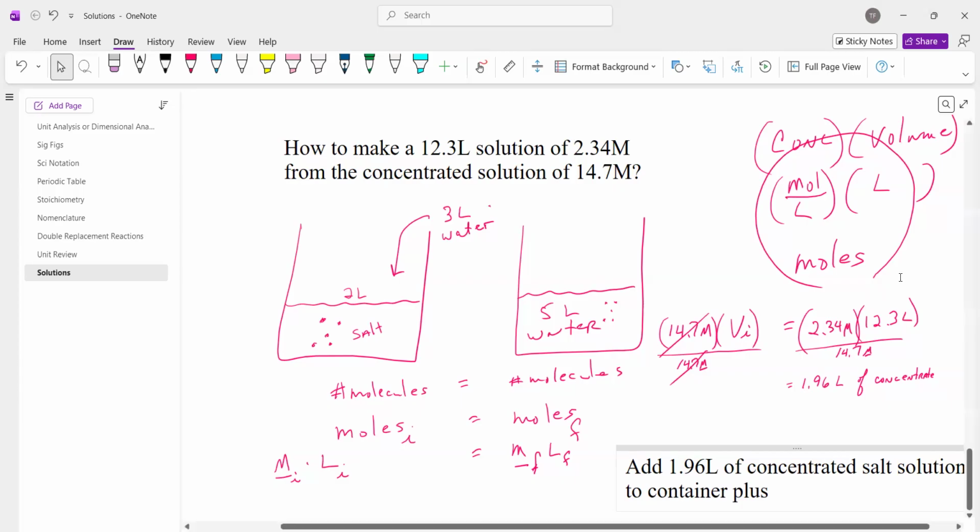Exactly. We subtract. We've already added 1.96, so we take that from the 12.3, and that'll give us how much water to add.